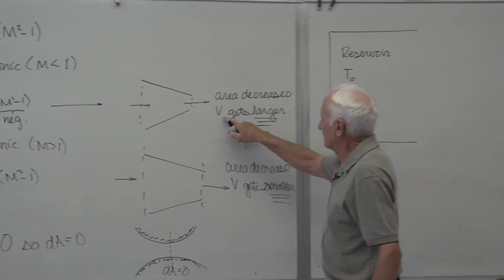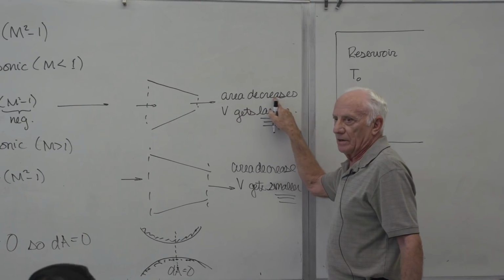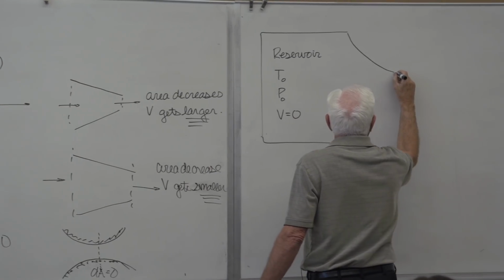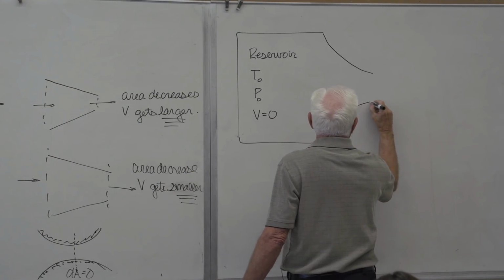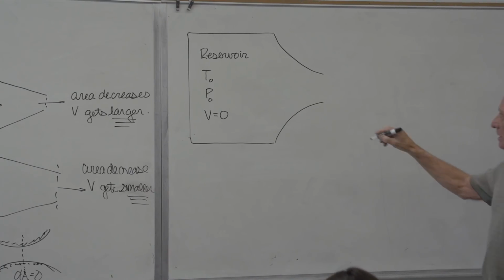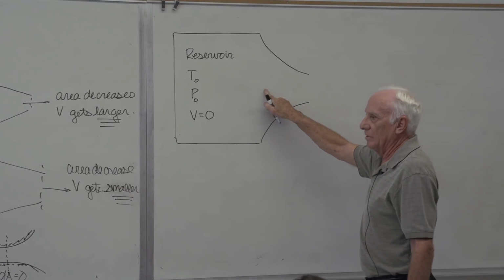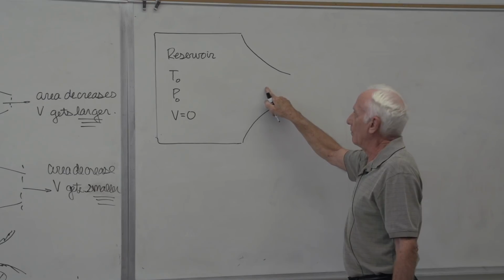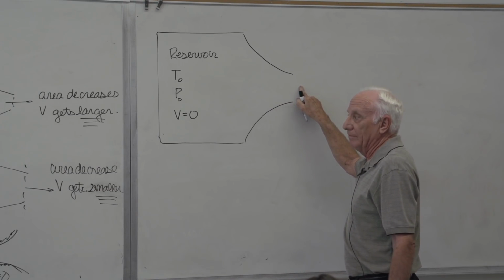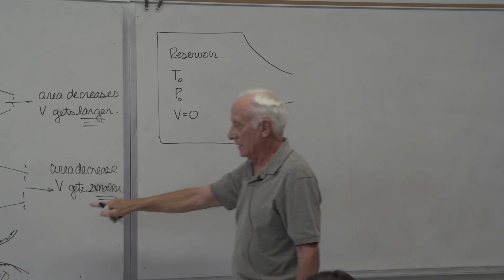If I want to get the velocity larger, I make the area get smaller. Velocity is getting larger. Mach number 0, 0.1, 0.2, 0.3, 0.4, 0.5, 0.6, 0.7, 0.8, 0.9. I'm getting close to sonic speed.